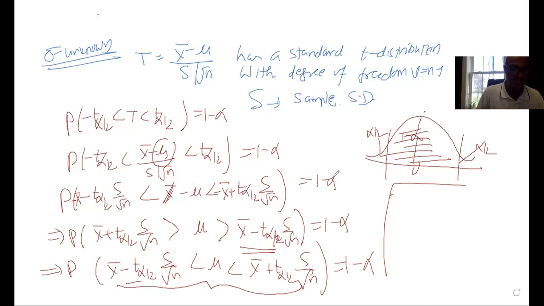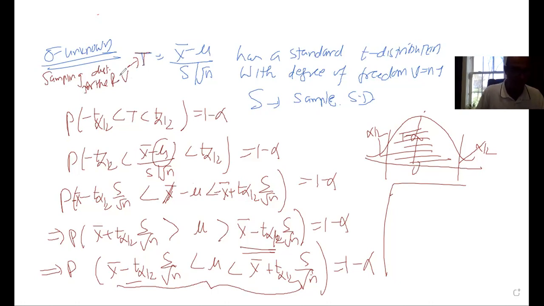We should emphasize that for sigma known, we exploited the central limit theorem, whereas for sigma unknown, we made use of the sampling distribution for the random variable T.